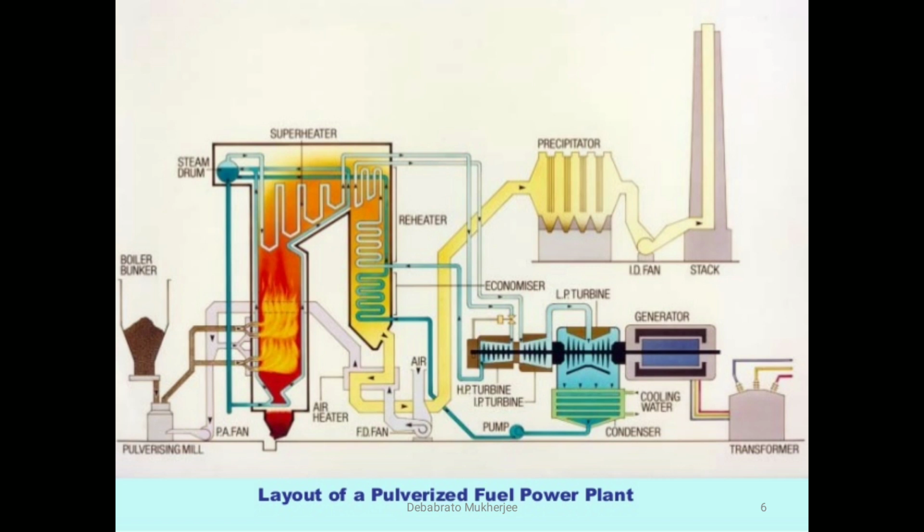From there it is reheated again, the temperature is leveled up one more step, and it is given to the high pressure turbine, low pressure turbine, which is connected to the generator. From the low pressure turbine, you can see there is a condenser.